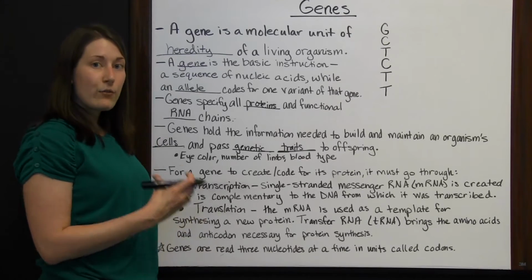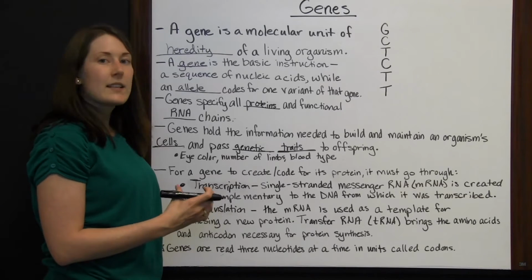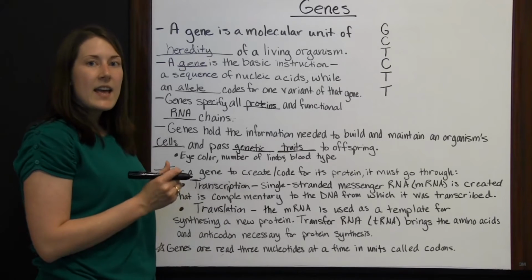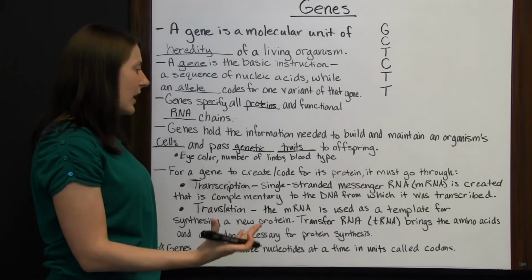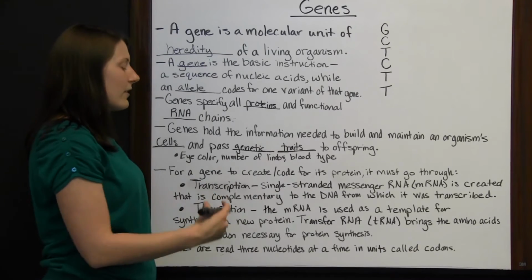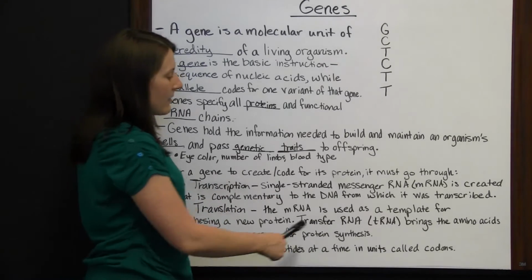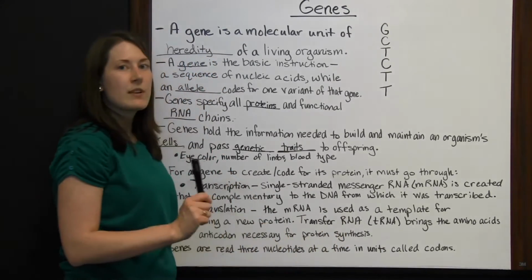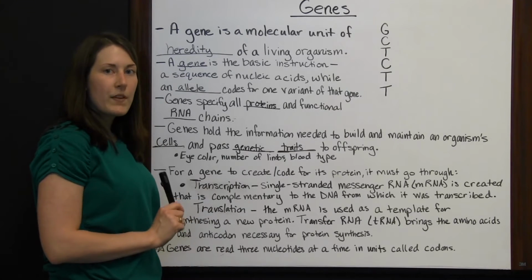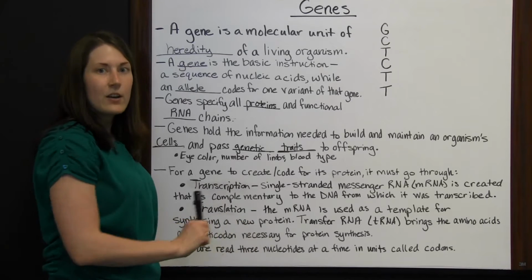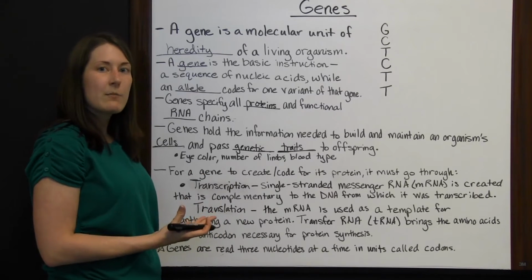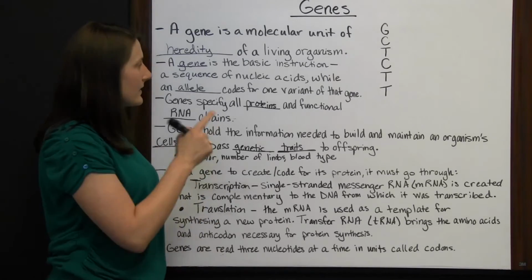So you look at the 3 nucleotides that are coding for this one protein, and they're going to be transcribed onto messenger RNA, which is going to travel elsewhere in the cell, and transfer RNA is going to bring the amino acids and the anticodon that match up with that set of 3, with that codon, and let the protein be created. So let's look at that over here.